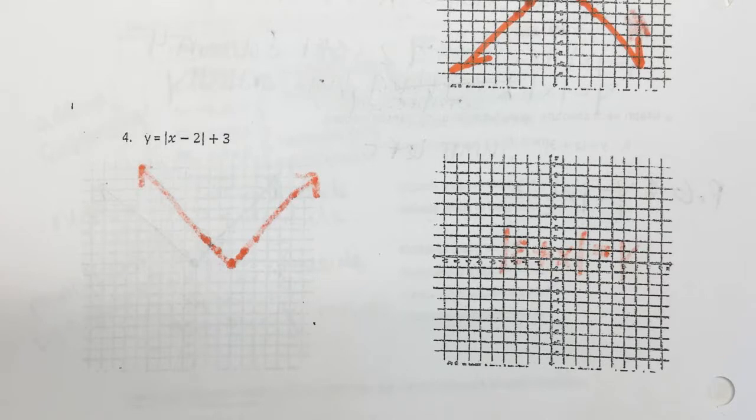Alright, if you have done number 4, try 5. Just number 5. 4 and 5. And we'll go over it after we try them. So 4 and 5, then we'll go over, and then we'll call it a day.